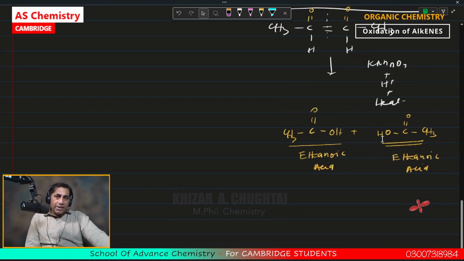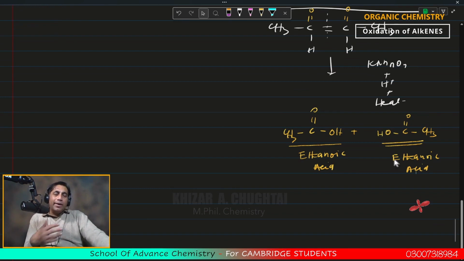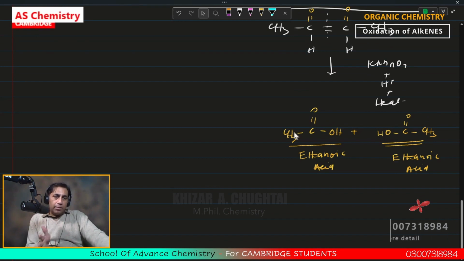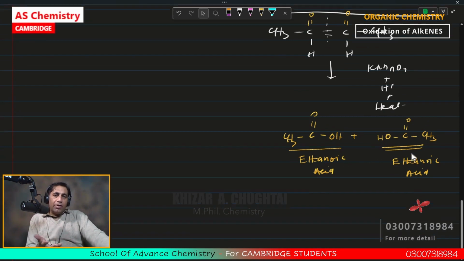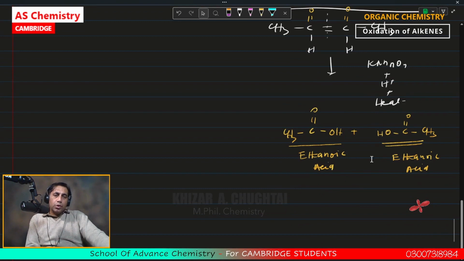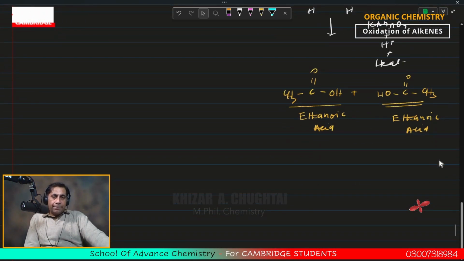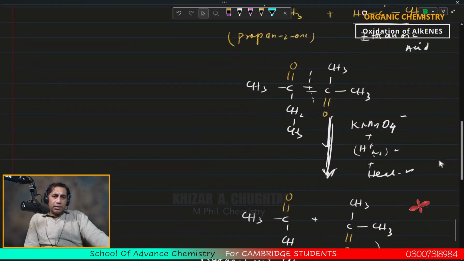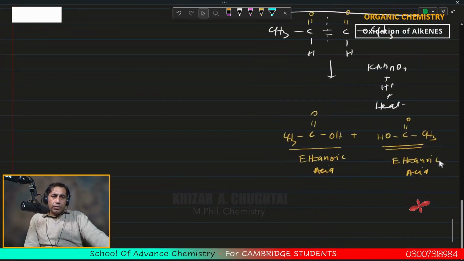So whenever they are asking how many types of products are formed, then you will write only one type of compound has been formed. Because they both are the same, we can write 2 mole, as we wrote over here 2 mole of CO2. So we can write 2 mole of ethanoic acid over here. That's enough about this one.